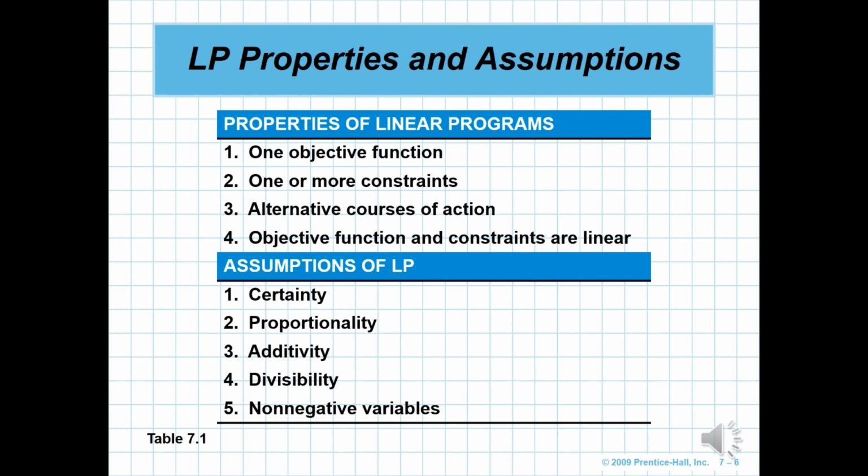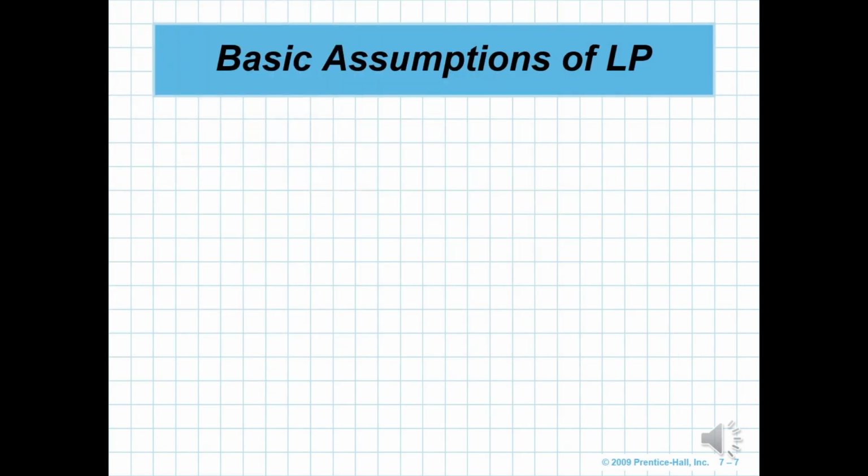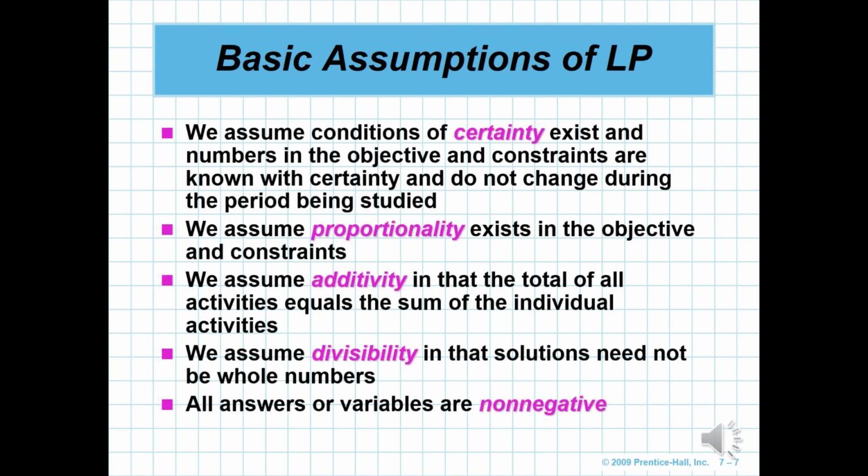For the assumptions in the LP model, there are five: certainty, proportionality, additivity, divisibility, and non-negative variables. So we look at them one by one.